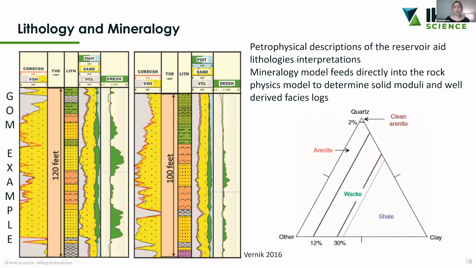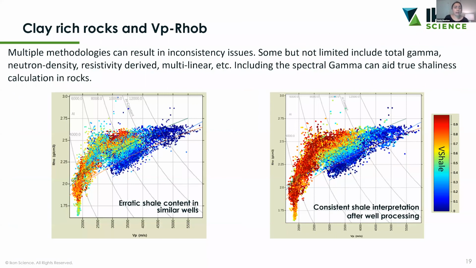And when we look at rock physics, I repeat it again, please think of mineralogy, because it's going to be used for determining the solid moduli, and after that, the well-derived facies if we're using mineralogy to control those.